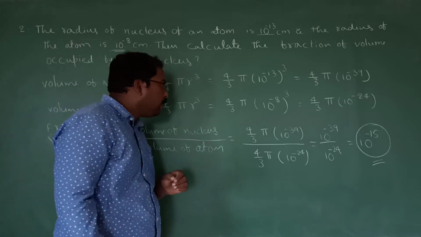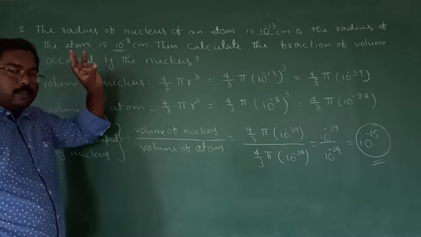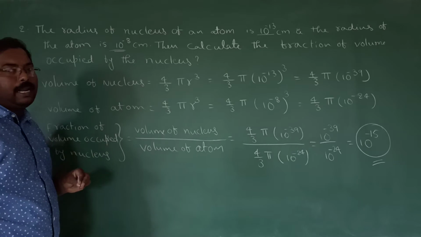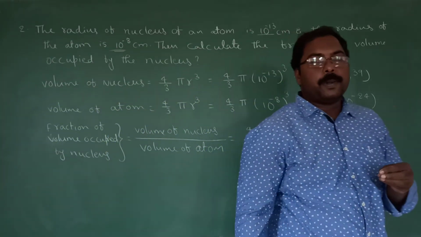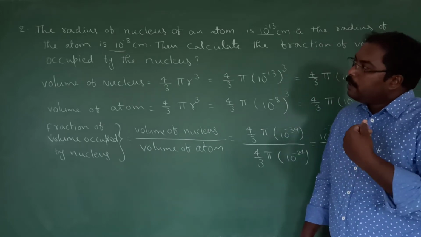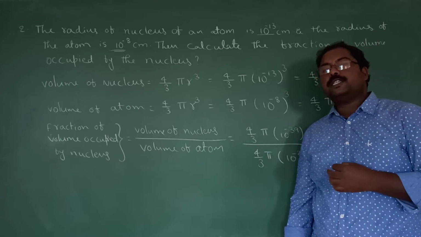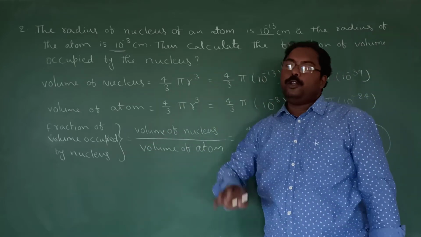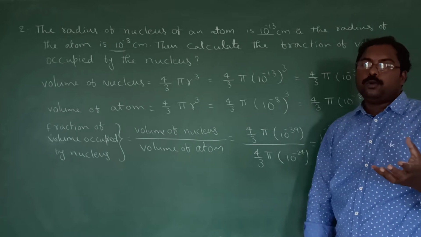Okay? Did you understand the question or not? The radius of the atom and the radius of the nucleus are both given, and they are asking to find the fraction of space occupied by the nucleus. Based on the same concept, if in the examination they ask you to find the percentage of volume occupied, what to do?